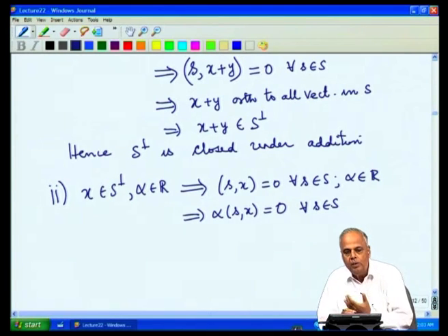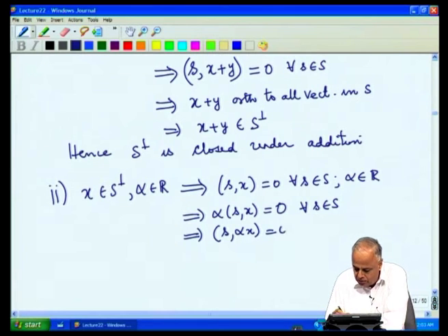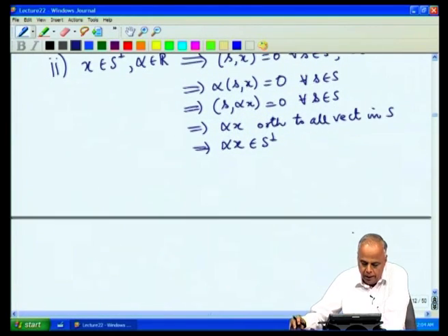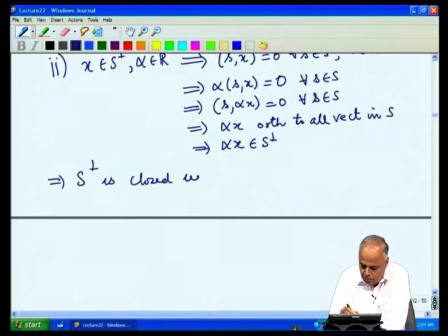Now, we know that a constant can be pulled in and out of an inner product from any one of the factors. So this is the same as <s, alpha x> equal to 0 for every s in S. This is the same thing as saying that alpha x is orthogonal to all vectors in S. That is the same thing as saying alpha x belongs to S perp, and hence S perp is closed under scalar multiplication.